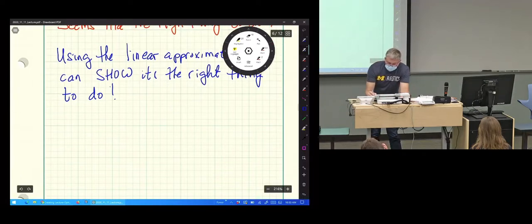And I'll do just a few steps of it, and then I'll finish it on Friday, probably. But let's look. Here's our linear approximation about a point xk.